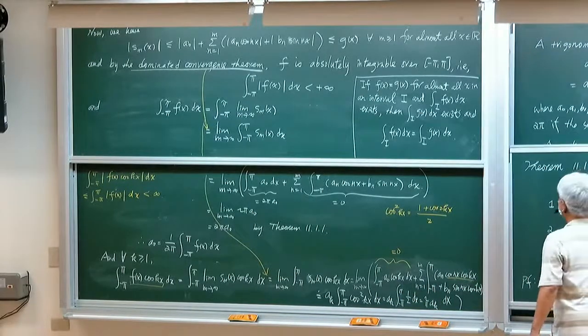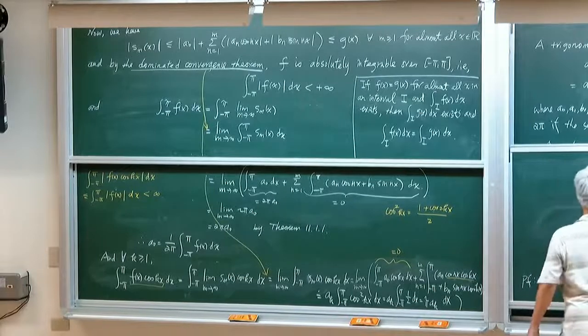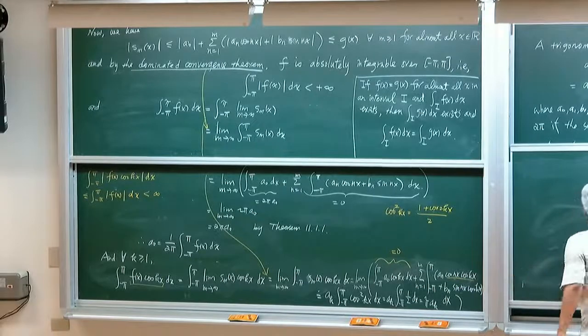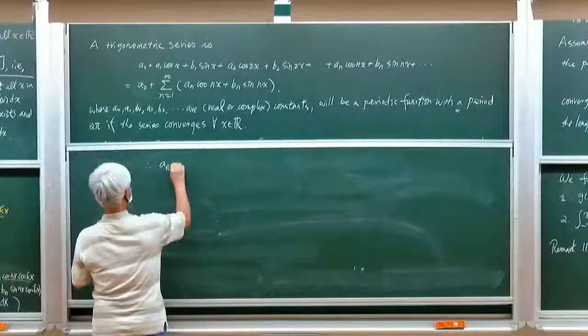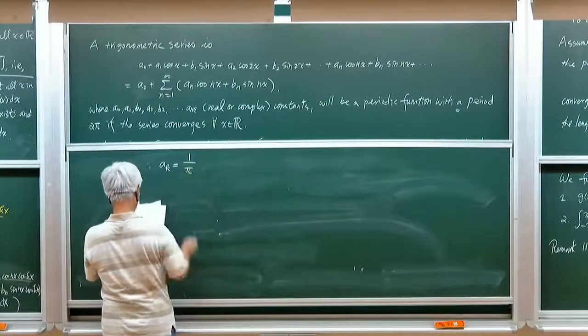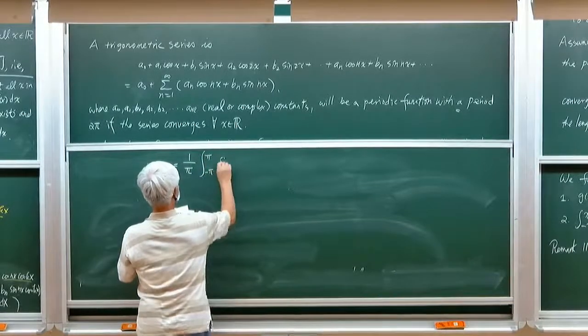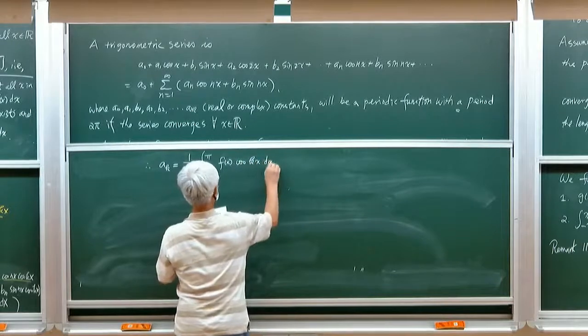So now I have to erase the theorem, but I hope you still remember that. Right, so you know how to calculate a_k. It's 1 over pi times the integral of f of x cosine kx dx.